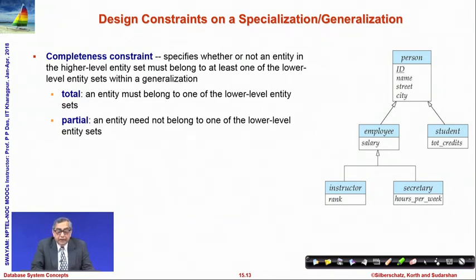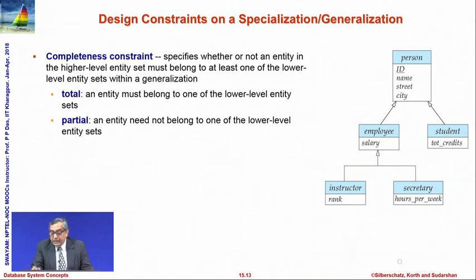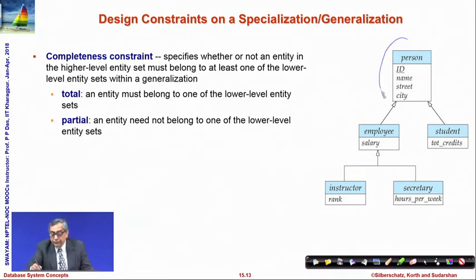The other constraint that you should identify is the constraint of completeness, which says that, if I have an entity set, say person, and then we have specializations of employee and student, the question is, for a higher level entity set, is it necessary that every entity will be represented in one or more of the lower level entity sets?